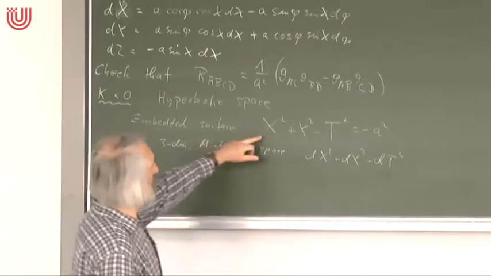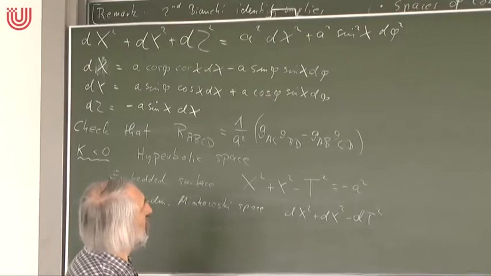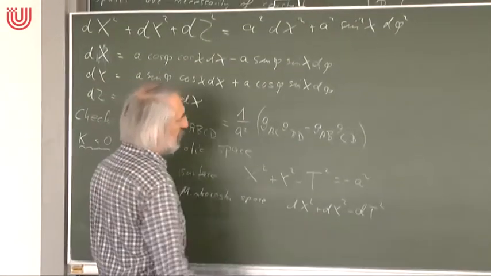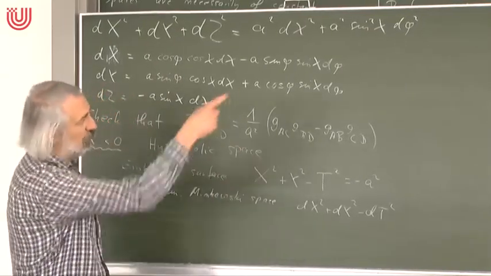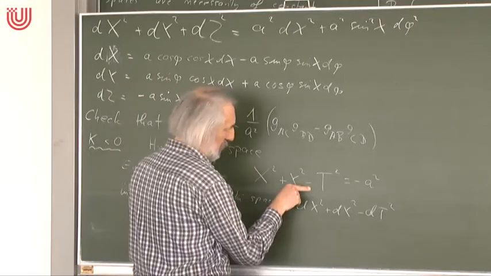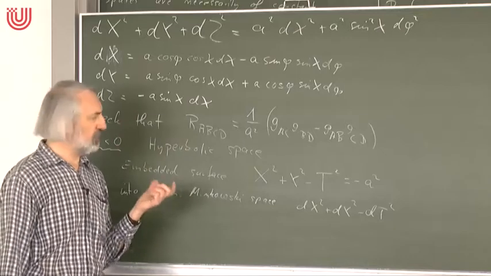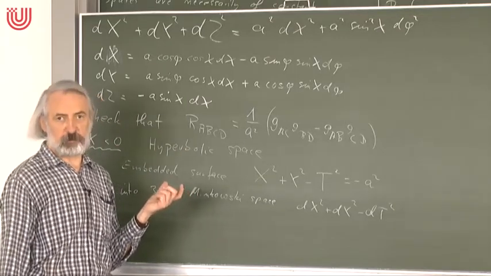How can we parameterize the surface to get these things here? We have used trigonometry for the sphere. So we have used identities for sine and cosine in order to parameterize x, y, and z in order to get this up there. Because now we have a different sign. What you have to do is, in one place you have to exchange the trigonometric functions by the hyperbolic trigonometric function.